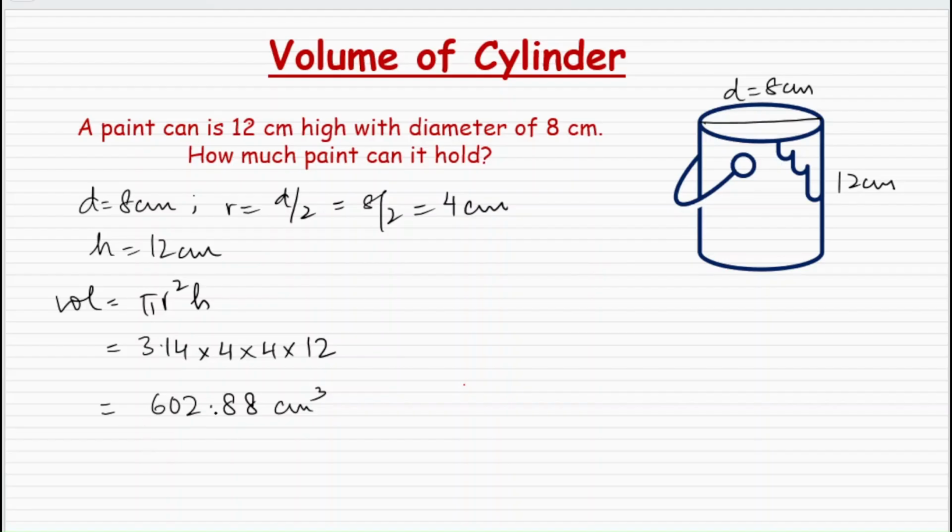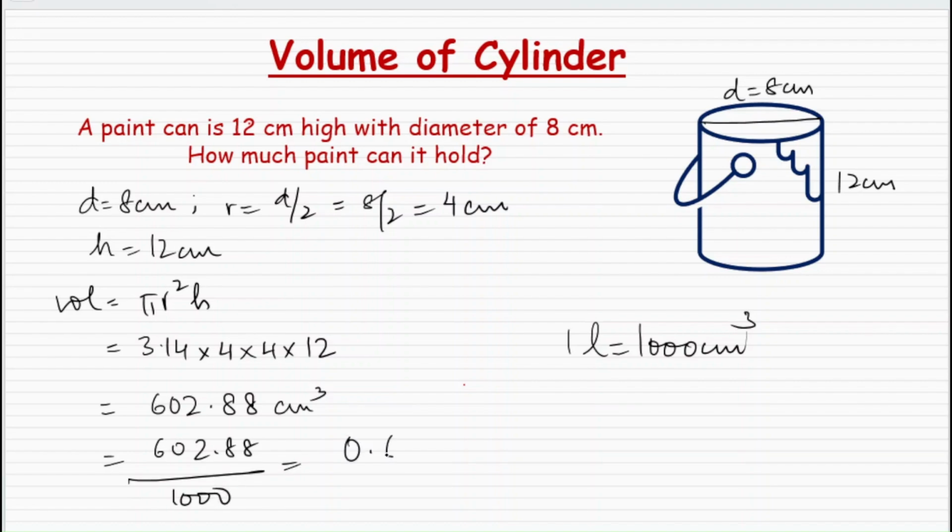So I want to express it in liters also for the extra information. Always remember 1 liter is 1000 centimeter cube. So to convert this centimeter cube into liters, I will divide this answer by 1000 and my answer will be 0.60288 liters, which can be written as 0.603 liters. So the volume or the capacity of this paint can is 0.603 liters.